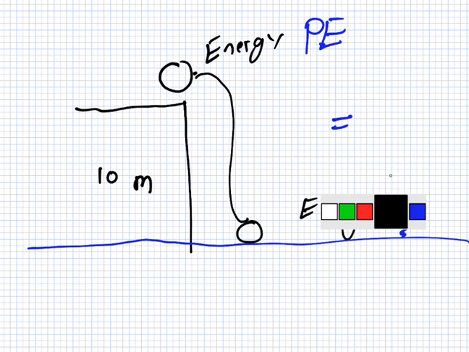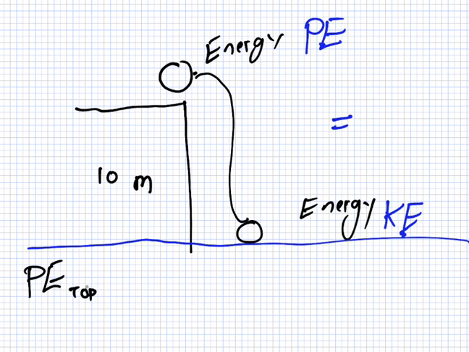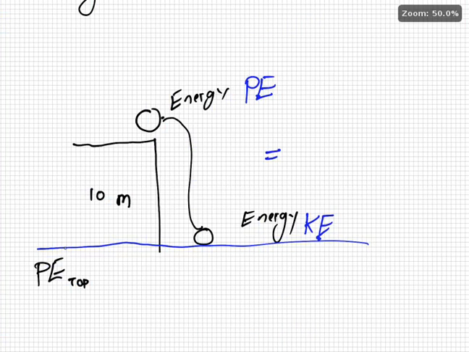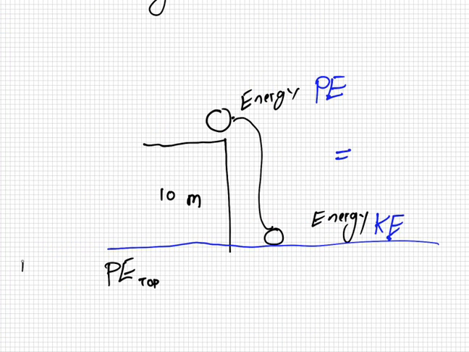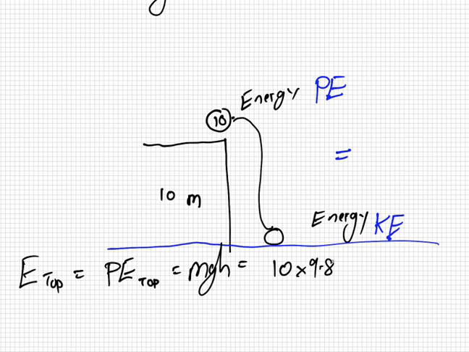So how much potential energy does it have at the top? Let's work it out. The energy at the top equals the potential energy, which is mgh. Let's say the mass is 10. So that's 10 by 9.81 by 10, which is 981 joules. When it hits the ground at the bottom, it has kinetic energy.